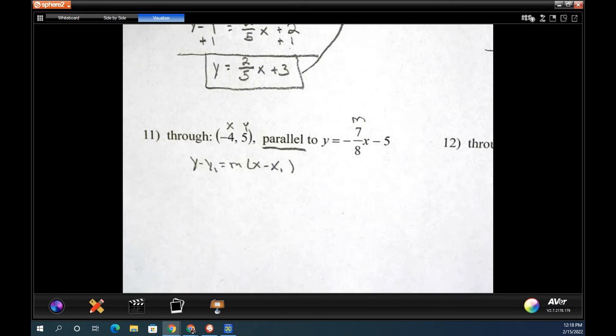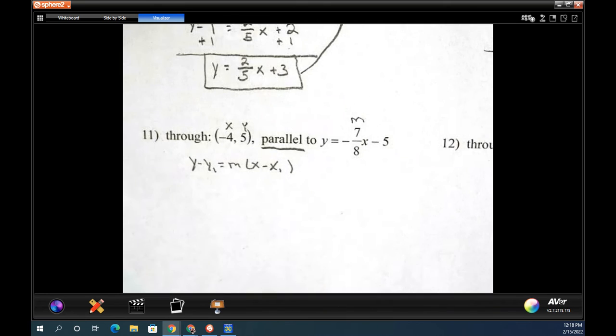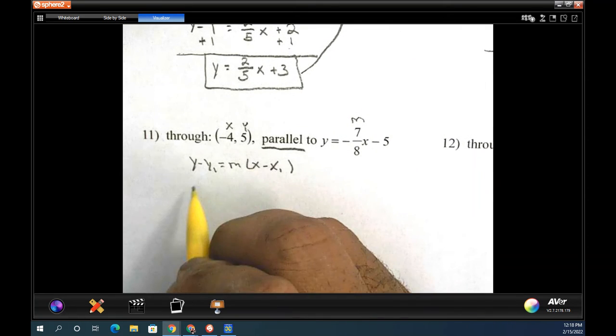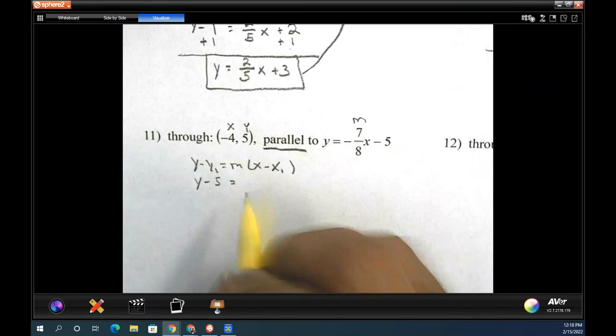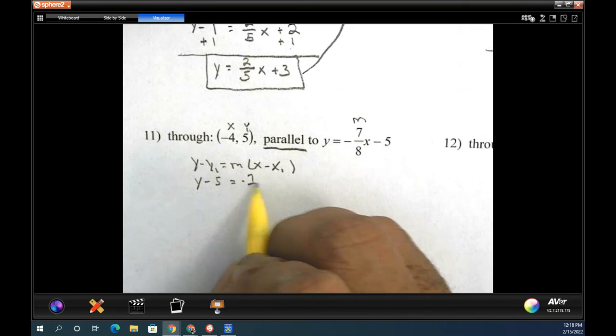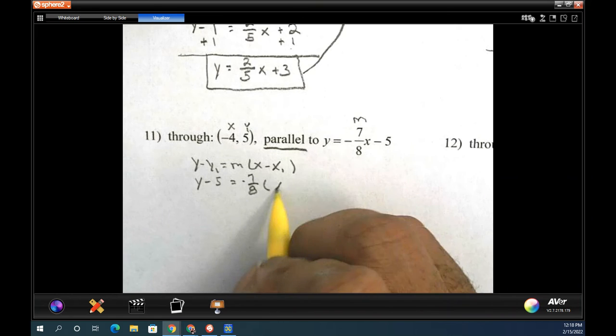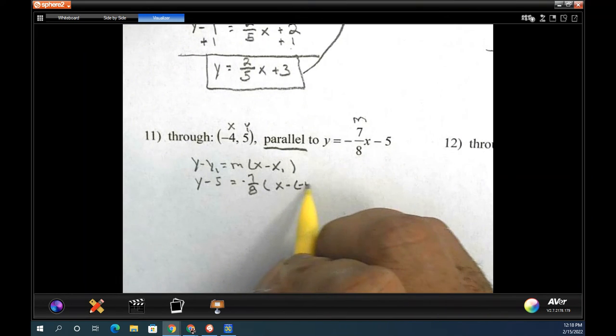Now, plug and play. Y minus 5 is equal to -7/8 times x minus -4.